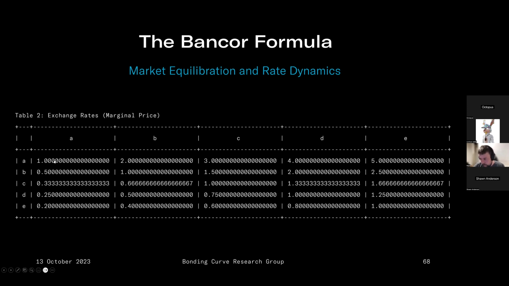So let's just go through a quick example here. If the price of A over the price of B is equal to 0.5, then this means that there are twice as many B tokens per numeraire than there are A tokens per numeraire.